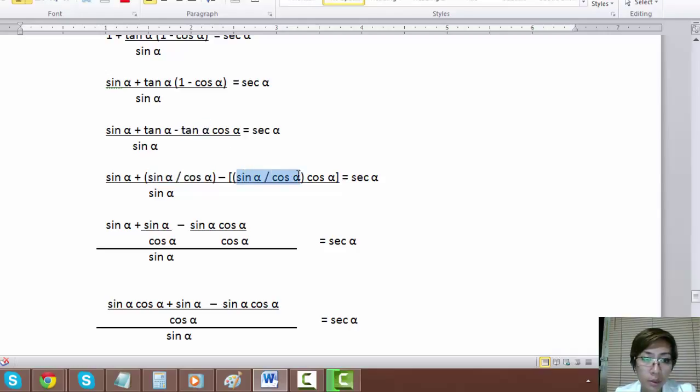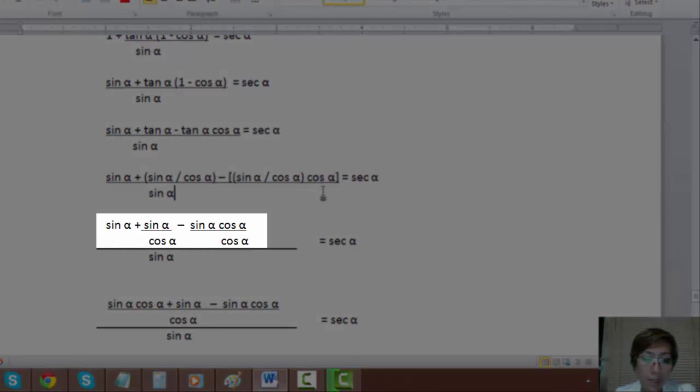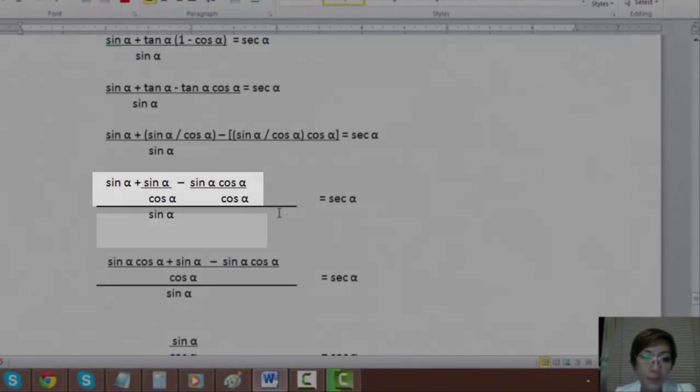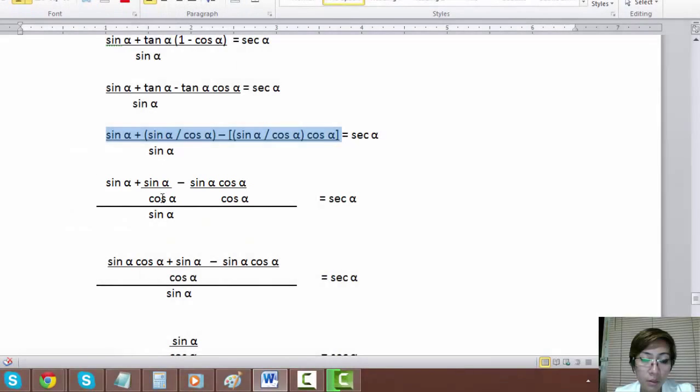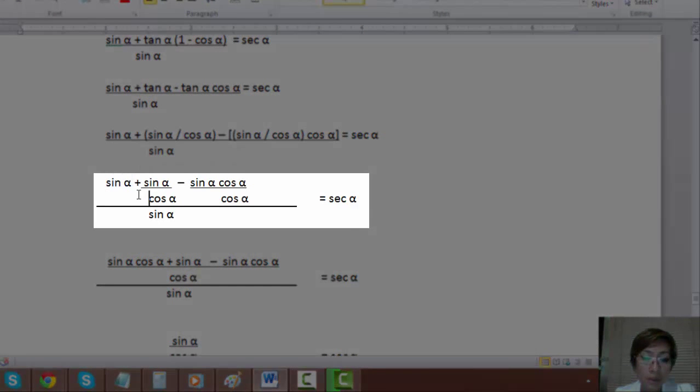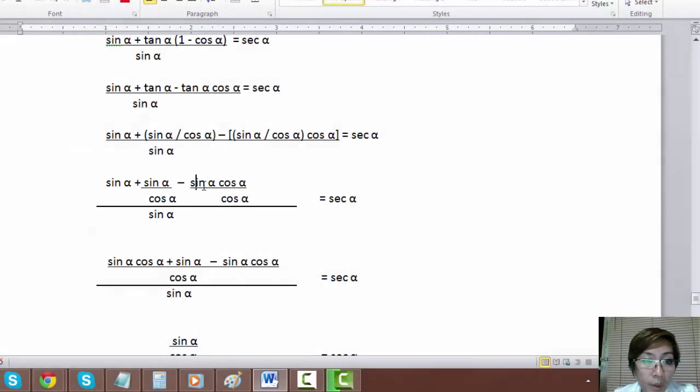If we rewrite this numerator, it will become the form sine alpha plus sine alpha over cosine alpha minus sine alpha cosine alpha all over cosine alpha, all over the denominator sine alpha equal to the right term, which is secant alpha.